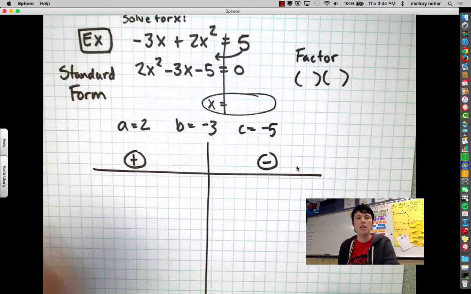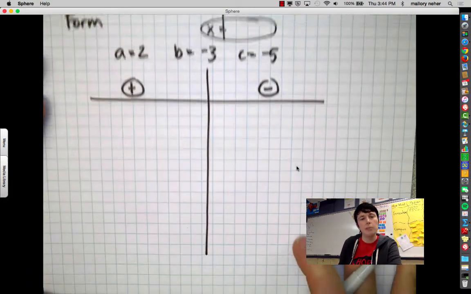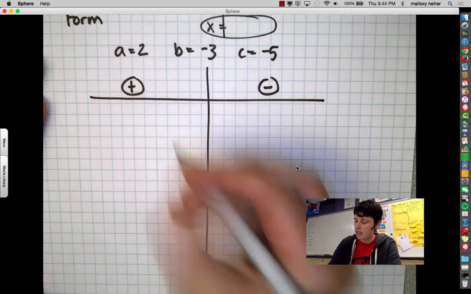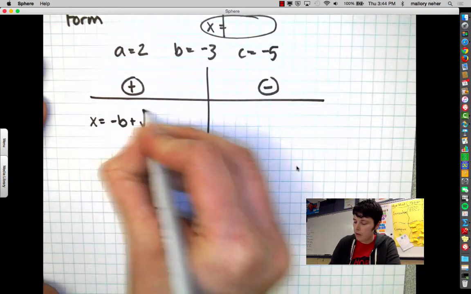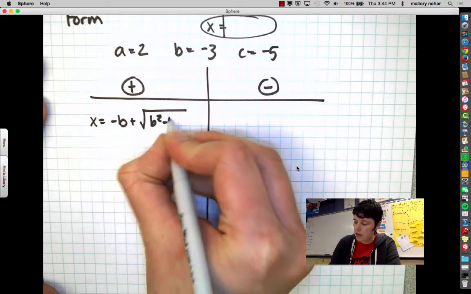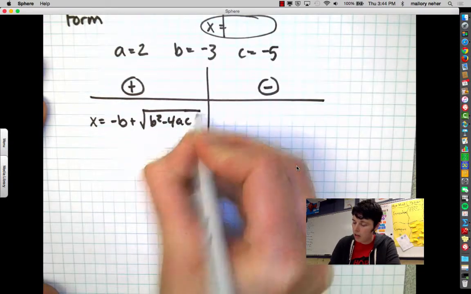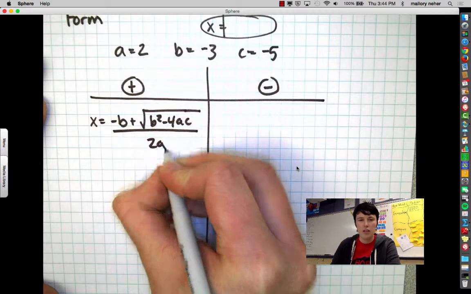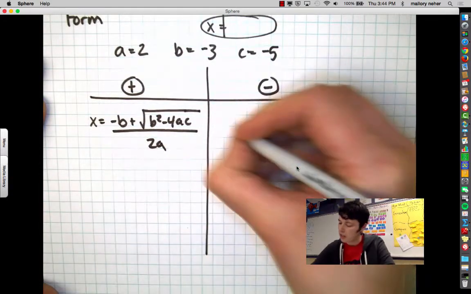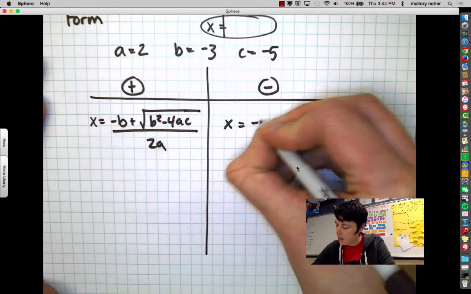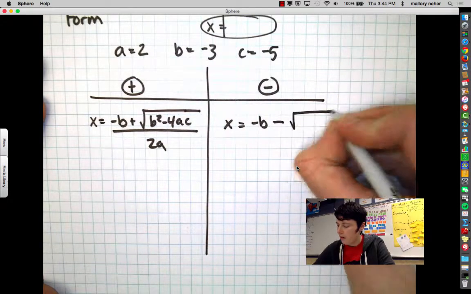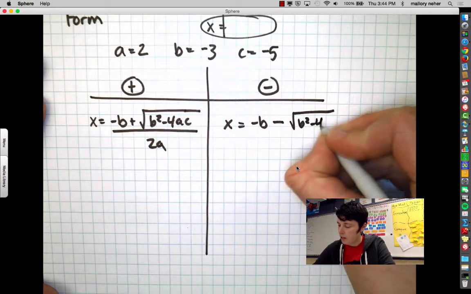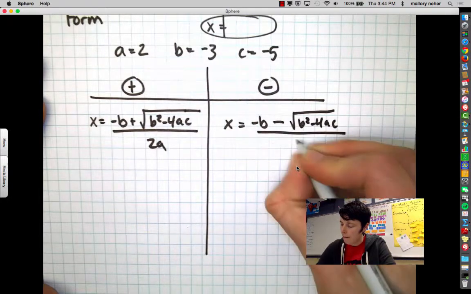The way I'm going to do that is I'm going to solve first for the plus part of the equation and then for the minus. So x equals negative b plus the square root of b squared minus 4ac, all over 2a. That equation is going to give me an answer. And then on this side, I'm going to do x equals negative b minus the square root of b squared minus 4ac over 2a.